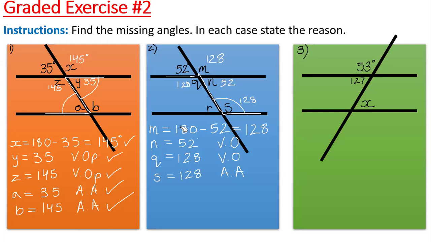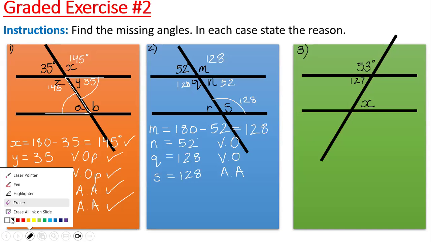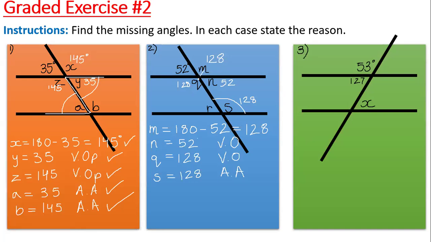You understand how we got M, the 128? Because they're on a straight line at a common point. So if this is 58, that's 128. You understand that? Yes, sir. Now, if this is 128, remember it's vertically opposite, so this must also be 128.